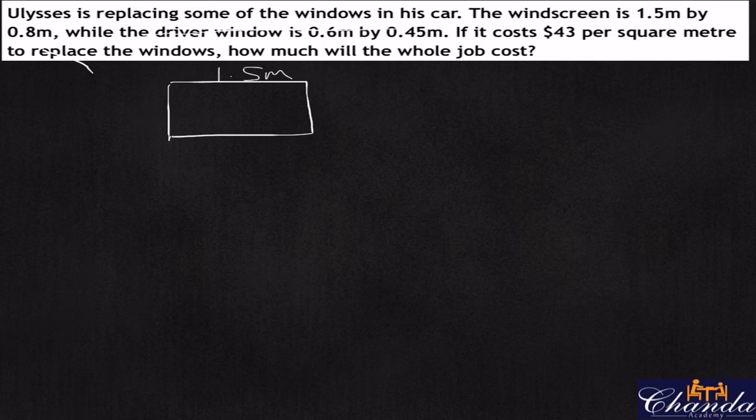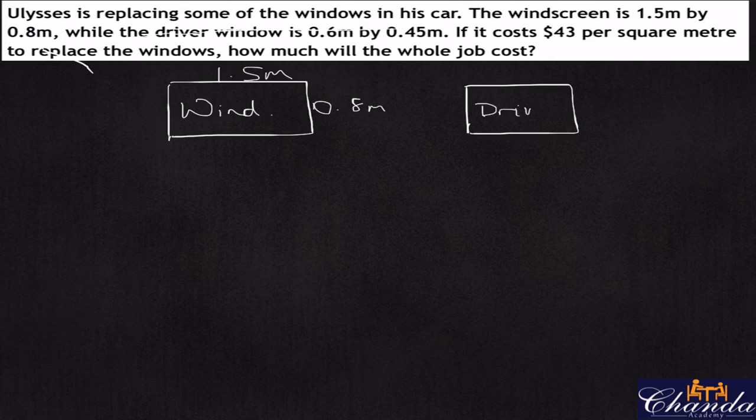So first, let's figure out what the area is for each of these. So for the windscreen, we have 1.5 meters by 0.8 meters. So 1.5 times 0.8 gives me 1.2 meters squared.